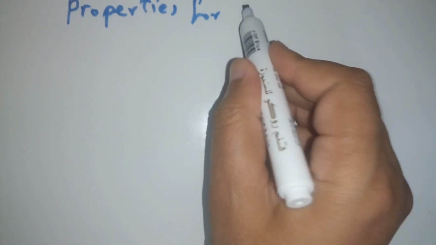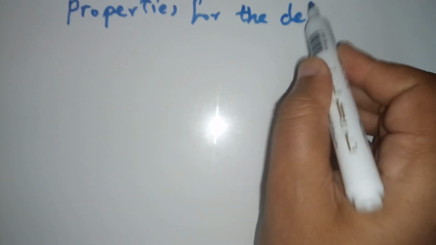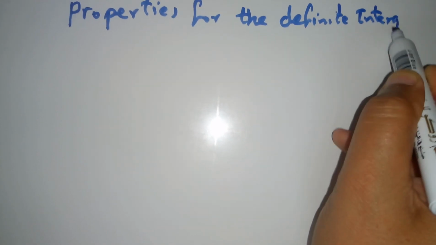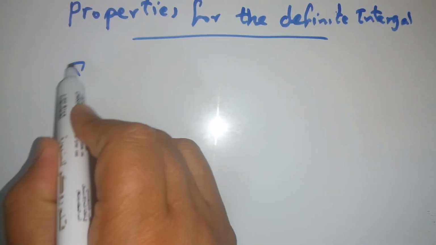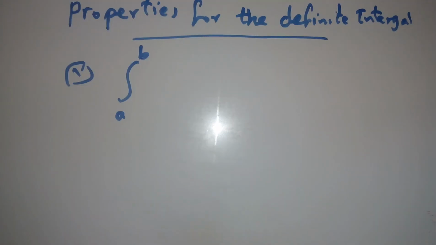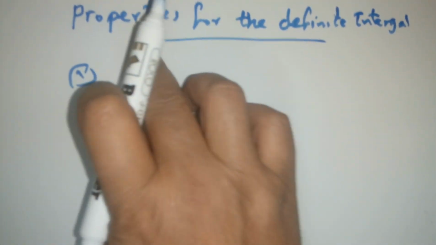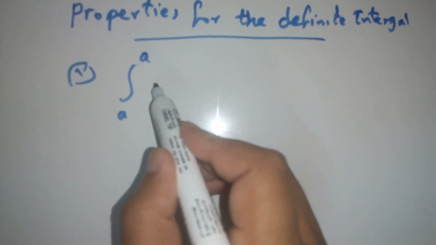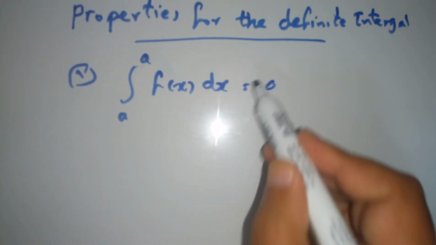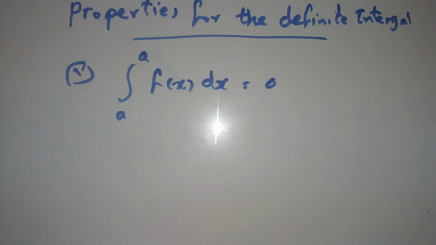Number 1, if the upper bound and the lower bound of the integration are the same, from a to a, not from a to b, for any function f of x with respect to x, it will be 0, because you will subtract the same value from itself, so it is going to be 0.